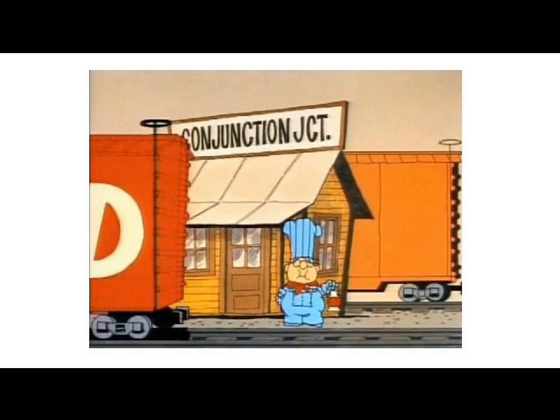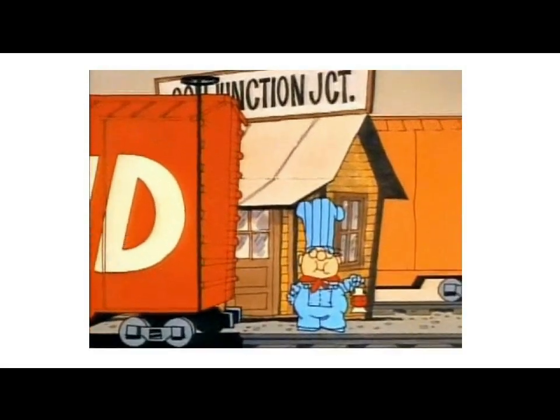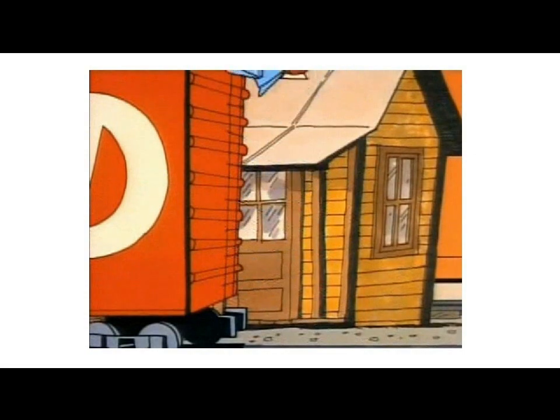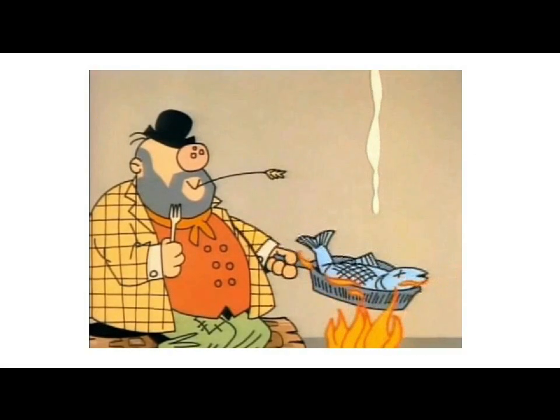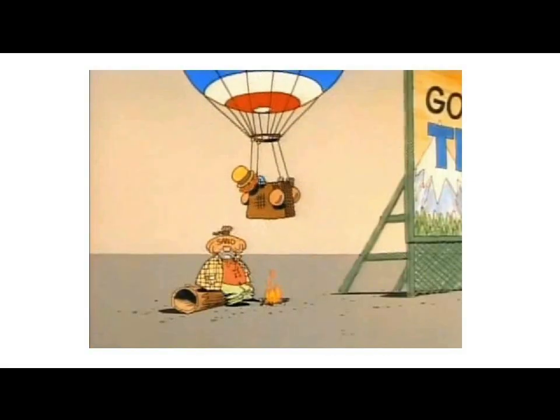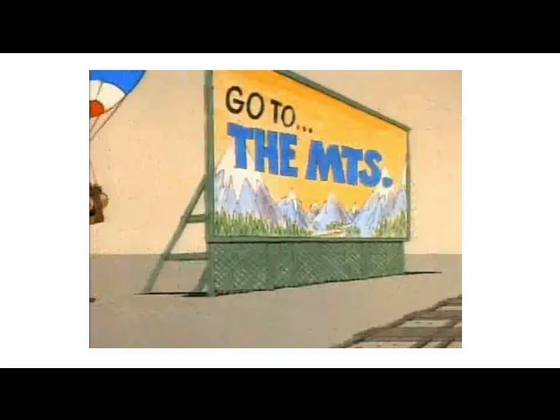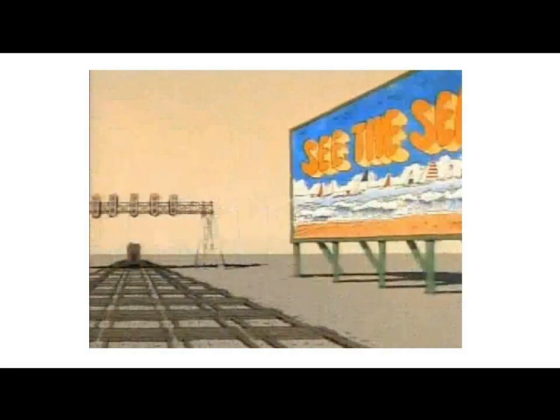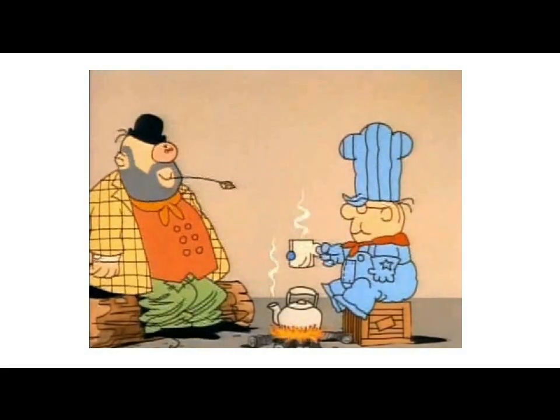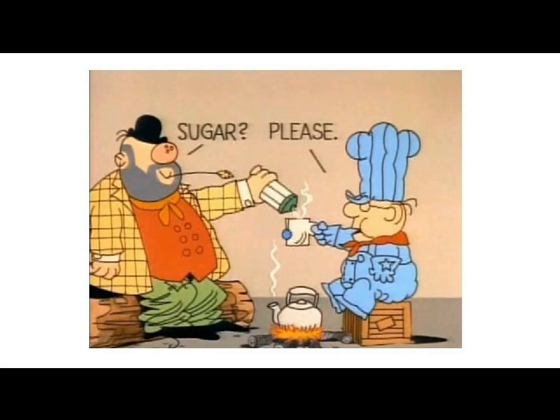Conjunction, junction, what's your function? Hooking up phrases and clauses that balance like out of the frying pan and into the fire. He cut loose the sandbags, but the balloon wouldn't go any higher. Let's go up to the mountains or down to the seas. You should always say thank you or at least say please.